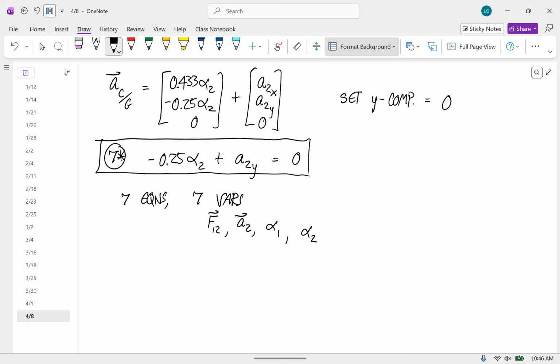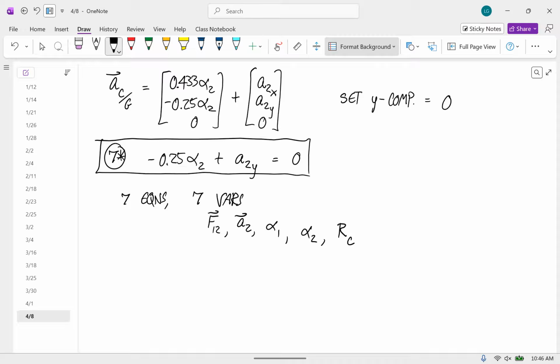Alpha 2, 6. And the known direction force, RC, 7. Okay, so 7, that's not too horrible.